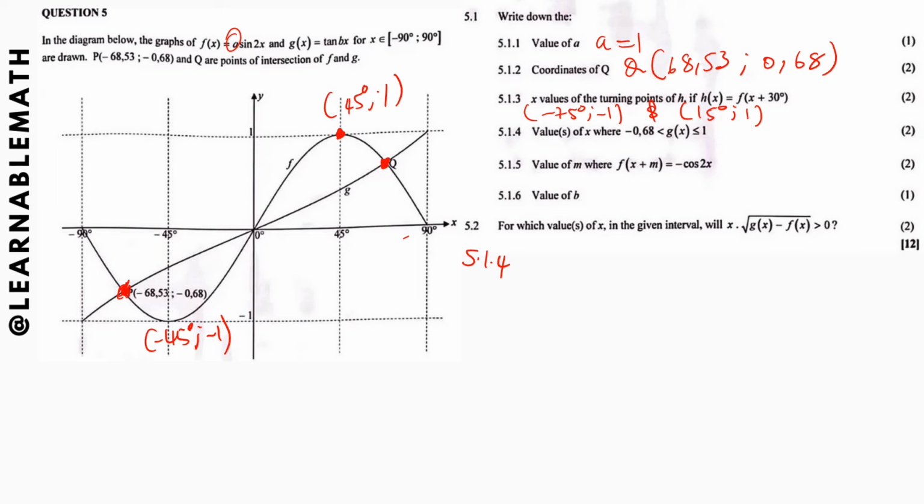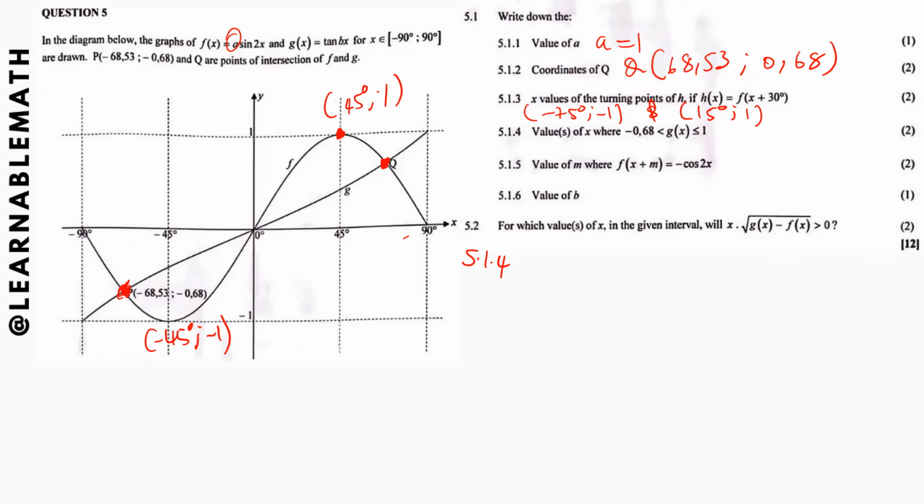Okay, 5.1.4, it says values of x where g of x is between negative 0.68 and less or equals to 1. All right, let me just use a different color to highlight this.